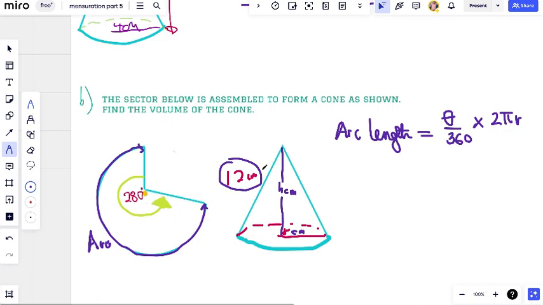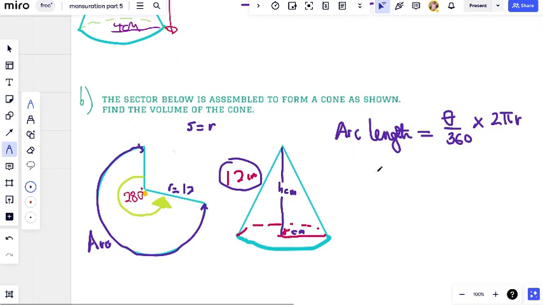This slant length is equal to the radius, so r equals 12. This was given in the cone. Slant length from the cone is equal to the radius of the sector.